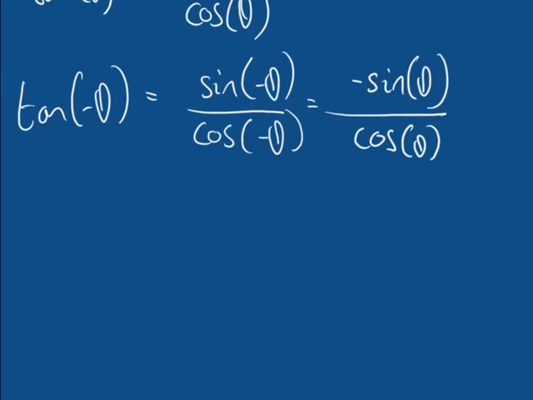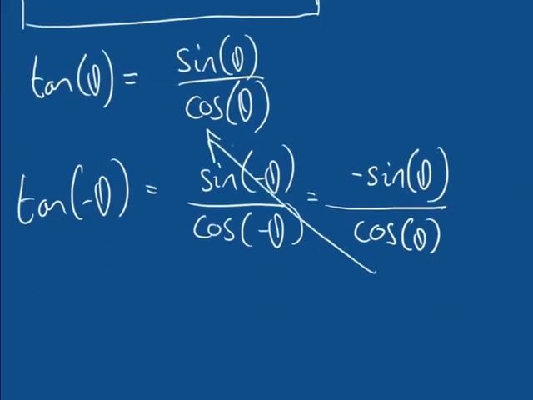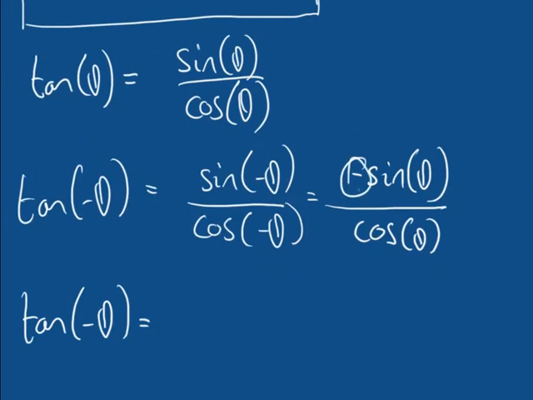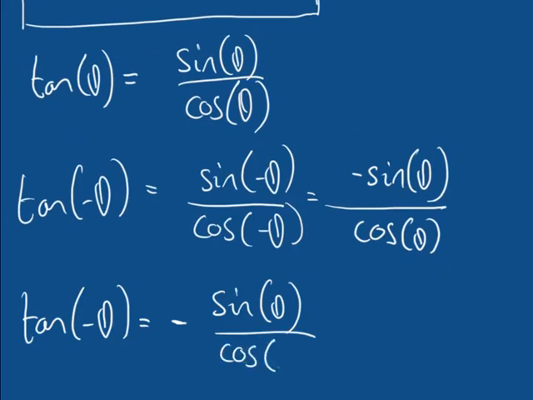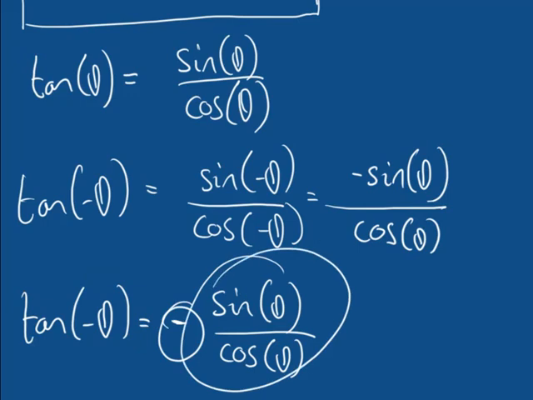So we could write this as tan of minus theta is equal to, I can bring this negative and simply put it in front of our fraction. So it's equal to minus sine theta over cosine theta. Well, sine theta over cosine theta is tan theta. Therefore, tan of minus theta is equal to minus tan theta.